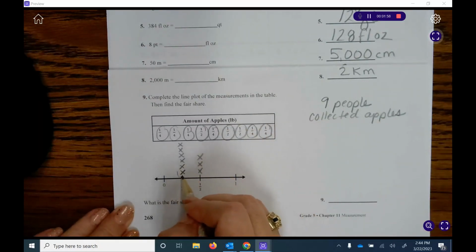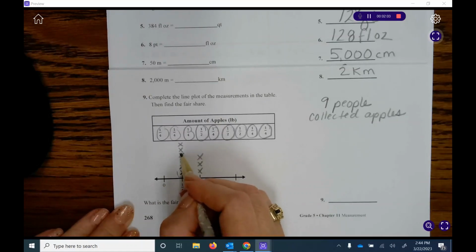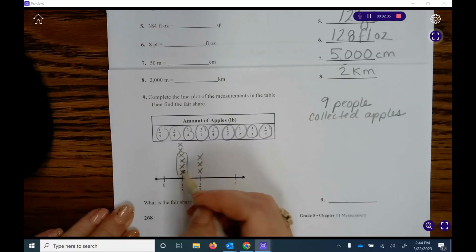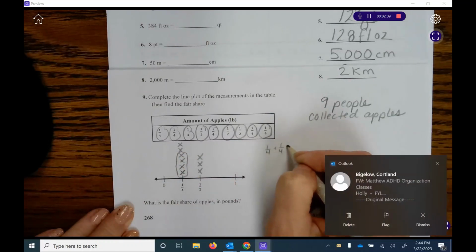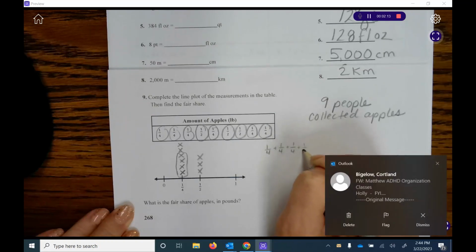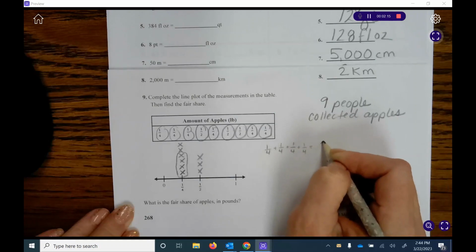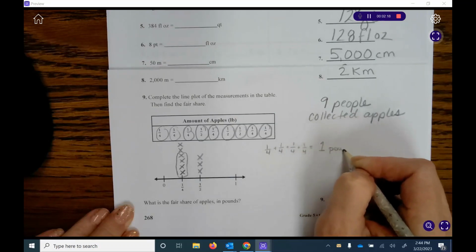I know that 1/4 plus 1/4 plus 1/4 plus 1/4 equals 1 pound.